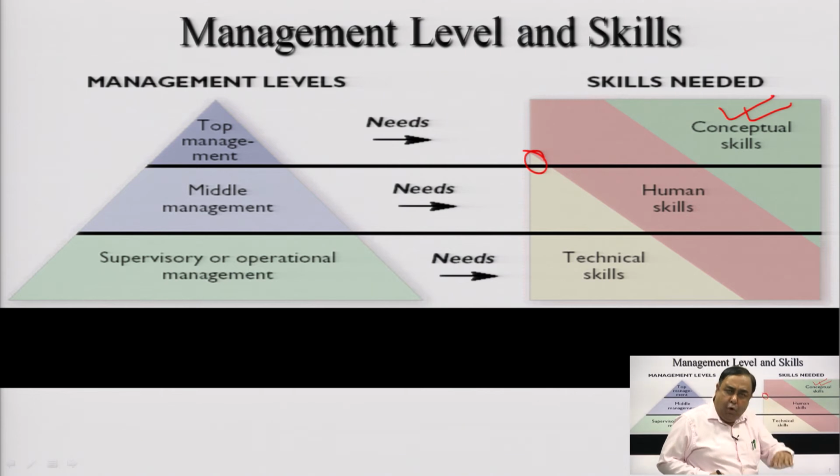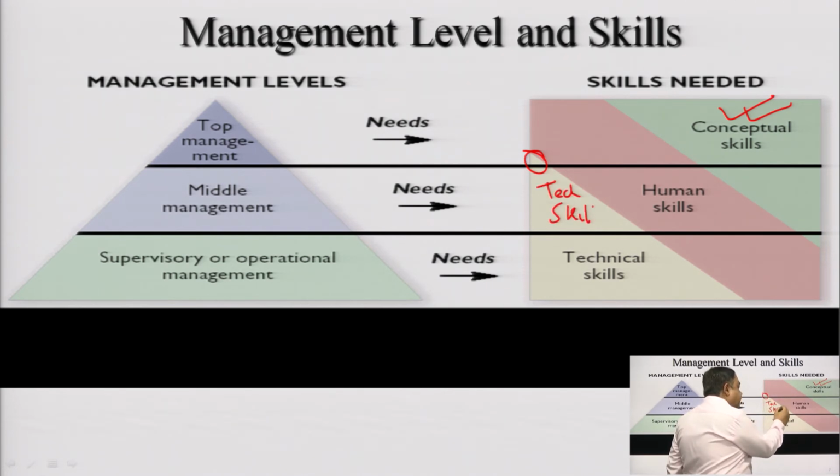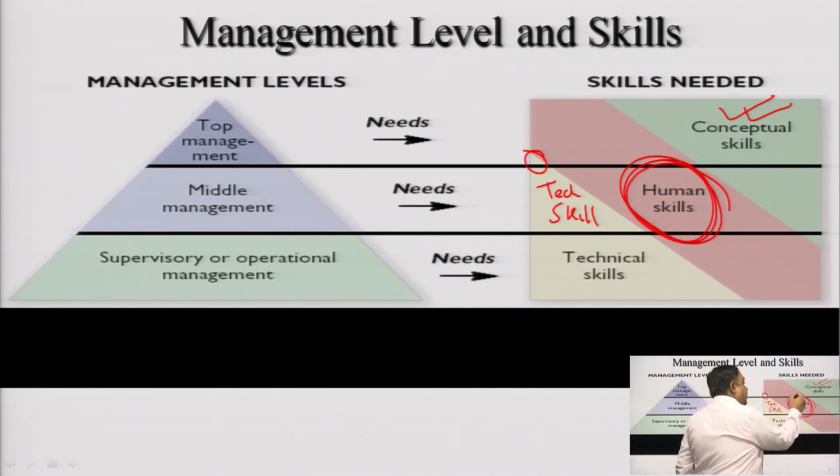If we go a bit below, middle level management requires a much greater amount of technical skills, but their maximum requirement is human skills, and conceptual skills are less compared to the higher level.